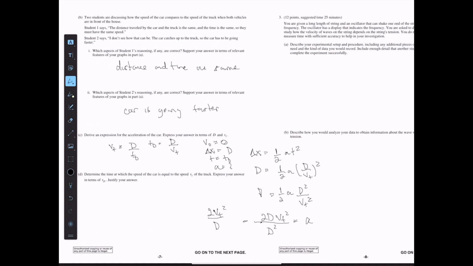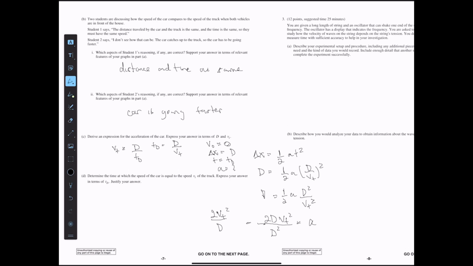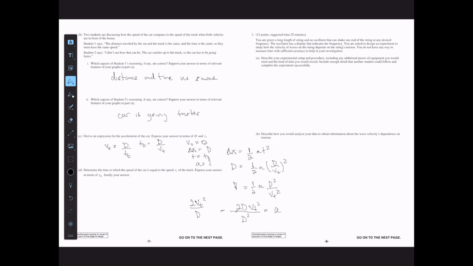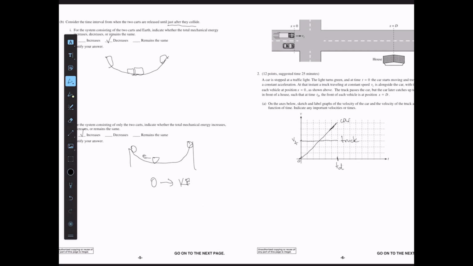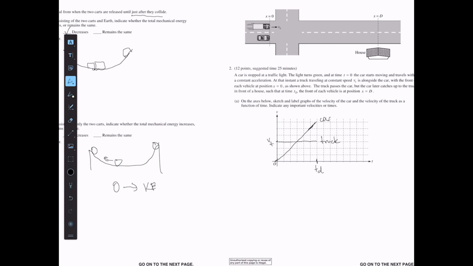Determine the time at which the speed of the car is equal to the speed of the truck. So if you look at our graph, the graphs intersect at td over 2, because the displacements should be the same, so that means the area under the curve should be the same.